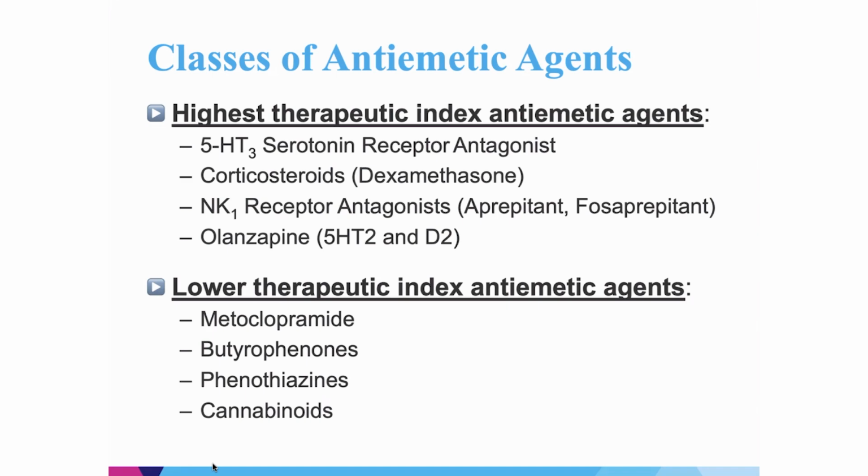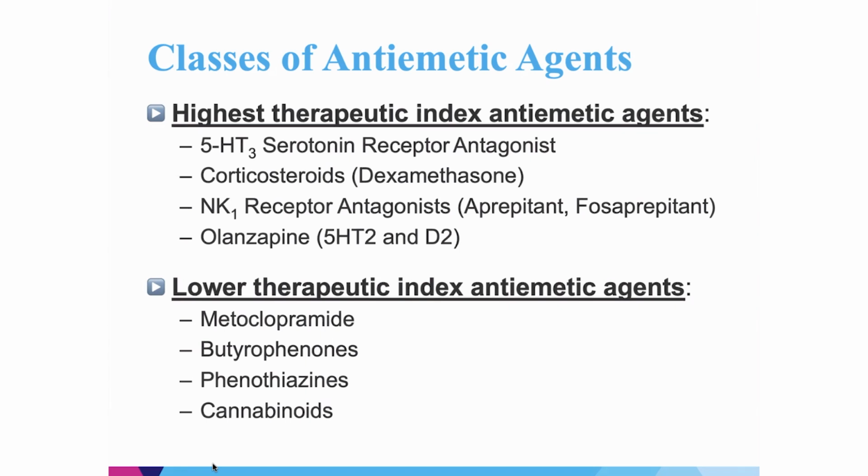Corticosteroids, it's dexamethasone really that we use for this purpose. We don't really use the other ones in this setting. Then your neurokinin-1 receptor antagonists, your aprepitant and your fosaprepitant, and then olanzapine, which is a 5-HT2 and a D2 antagonist. The ones on the bottom, the lower therapeutic index antiemetic agents, are ones that have really fallen out of favor.